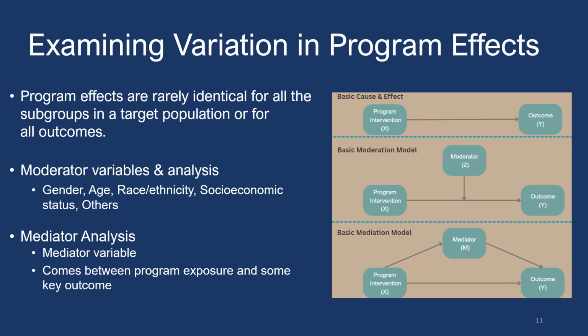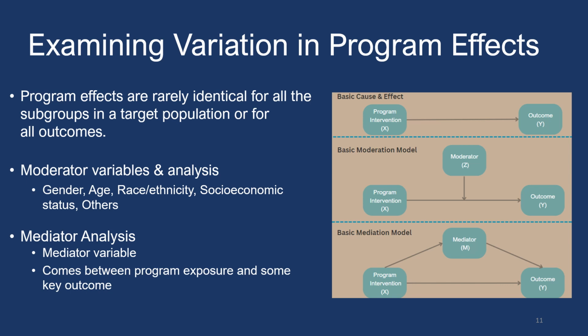Variation can also present itself as mediator relationships among outcome variables. In our context, a mediator variable is a proximal outcome that changes as a result of exposure to the program and then in turn influences a more distal outcome. In other words, this variable serves as a causal link between the program and the immediate effect.